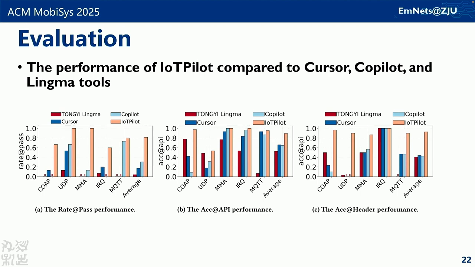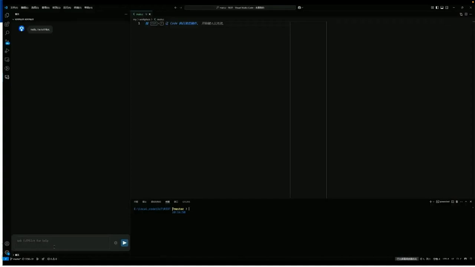Additionally, these tools tend to confuse different versions of libraries. IoTPilot addresses these issues through online preference alignment to find the correct libraries.